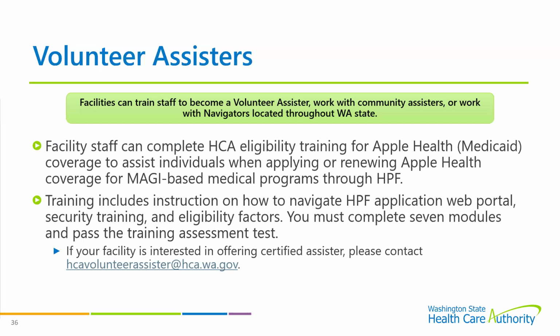Facility staff can complete HCA eligibility training for Apple Health Medicaid coverage to become a volunteer assister. That includes instructions on how to navigate the HPF application web portal, security training, and eligibility factors. You must complete 7 modules and pass the training assessment test to become a volunteer assister.